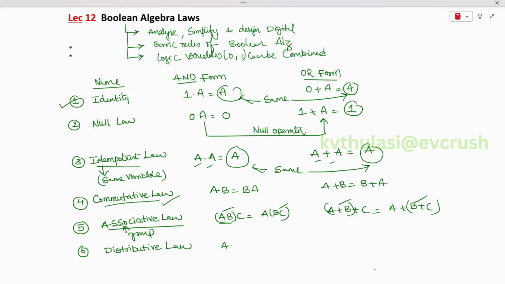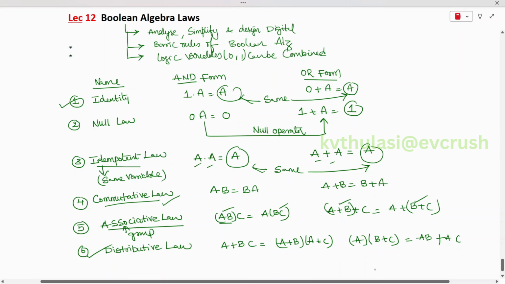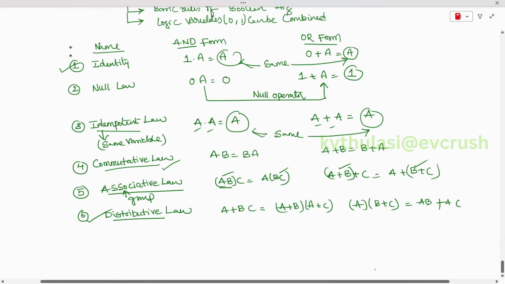We can write A plus B into C as A plus B multiplied with A plus C. Similarly, A into B plus C equals A into B plus A into C: we distribute the element over the addition, getting A into B and A into C, both multiplied, added together. Since we are distributing the elements, this law is called the distributive law.